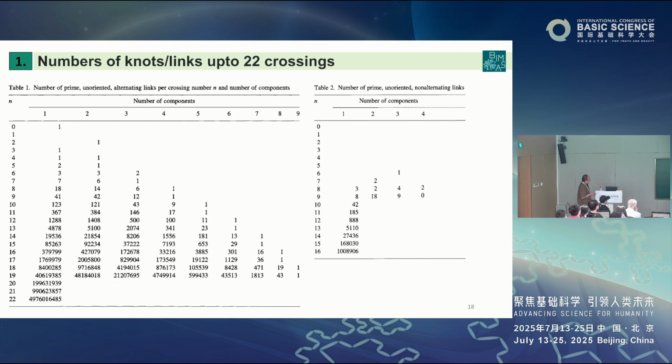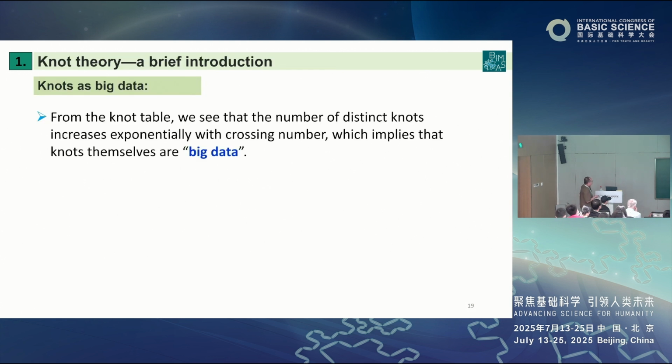Here's the table of the number of knots and links up to 22 crossings. You can see that one component is a knot. This is for the alternating links and knots, which is much bigger. From the knot table, we see that the number of distinct knots increases exponentially with crossing number, which implies that knots themselves are big data.